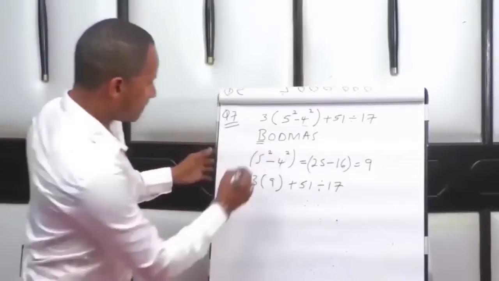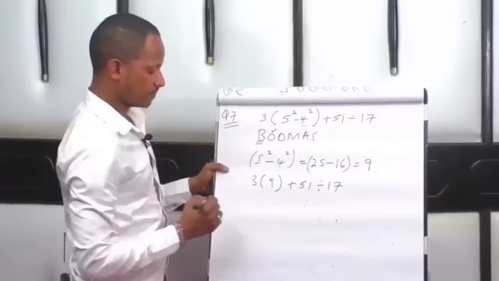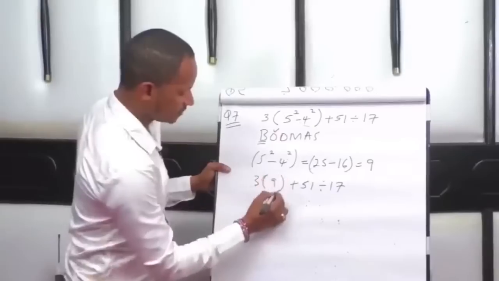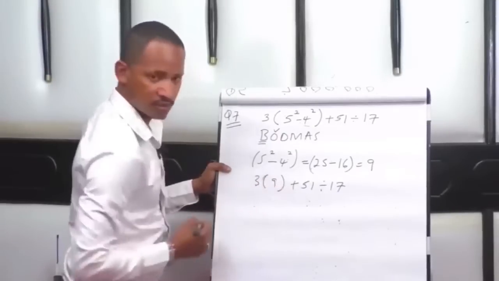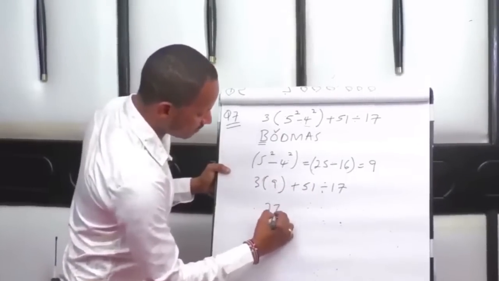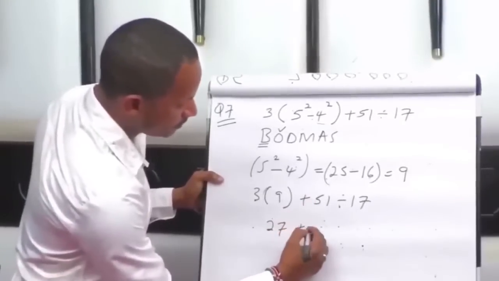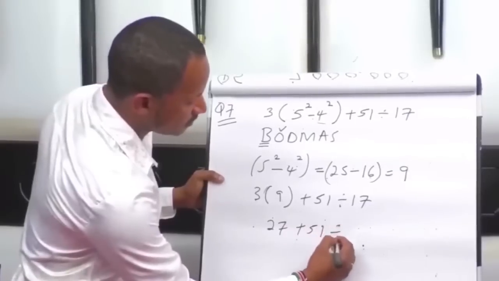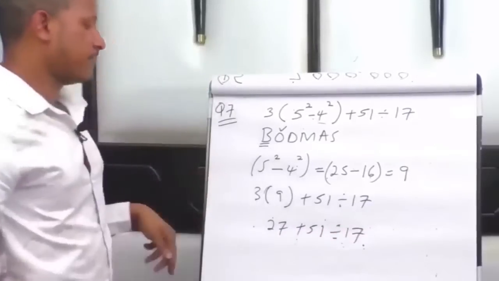Then bracket of, the next one is of. So it is 3 of. This bracket 3 in bracket 9 means 3 of. So it means 3 times 9, which is 27. Then again, rewrite it, plus 51, divide by 17.